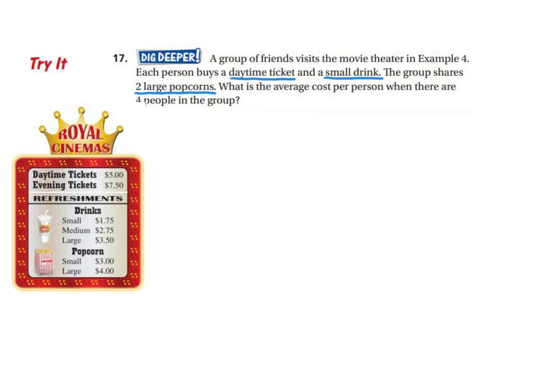Okay, so each person buys a daytime ticket. There's going to be 4 people times $5. So that's going to be tickets. Each person also buys a drink. So that's going to be 4 times a small drink is $1.75.